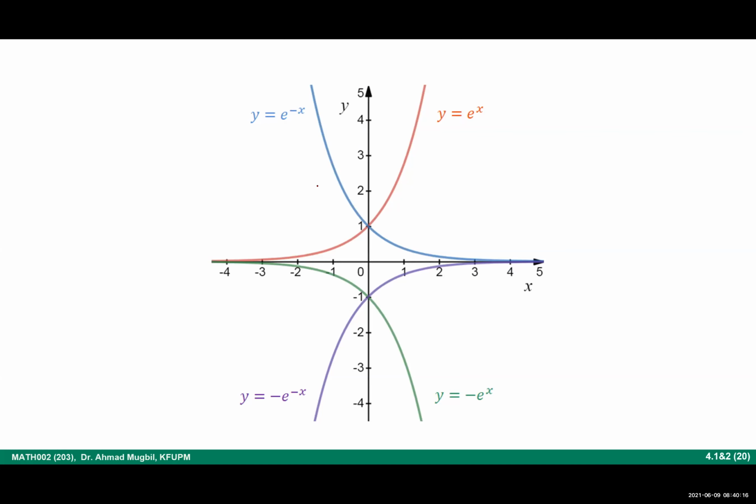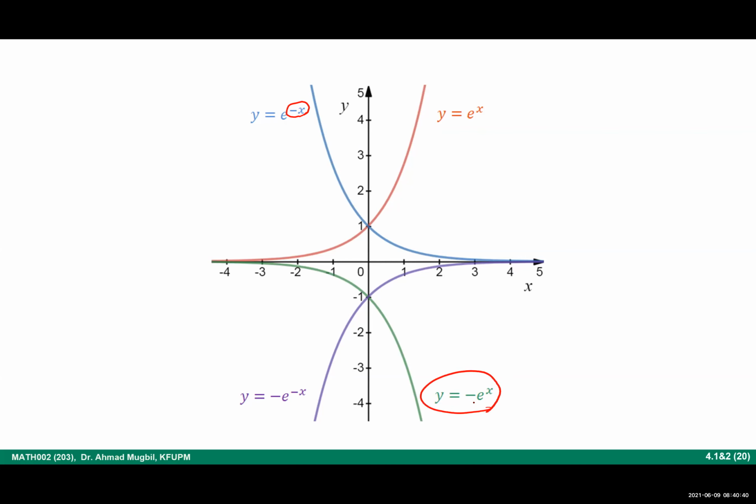Here we have the 4 cases for the graph of e to the power x, like any other exponential function. When we replace x by negative x, we have a reflection in the y-axis. When we multiply the whole function by negative, instead of being above the x-axis, it will be below the x-axis.